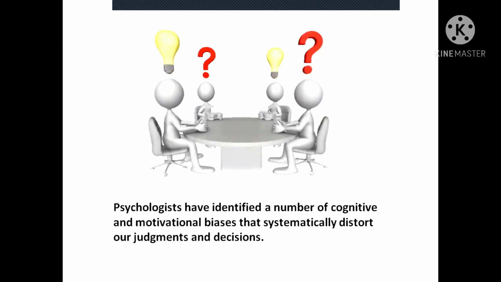When we cannot easily imagine an outcome, we assume that such an outcome is less likely to occur than one that springs easily to mind. We overestimate our judgment accuracy because we remember all the times that our decisions were confirmed and forget the times when our predictions were disconfirmed.